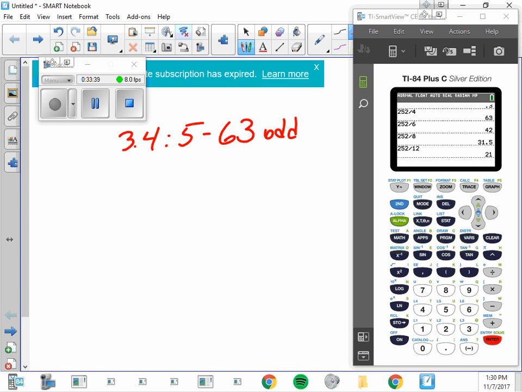We'll see. 5 through 63 odd. On numbers 51 and 53, you're just going to match them to the graph. How are you going to match them to the graph? You know the roots, so you can just match the roots to the equation and how many roots that equation has. All right. Good luck.